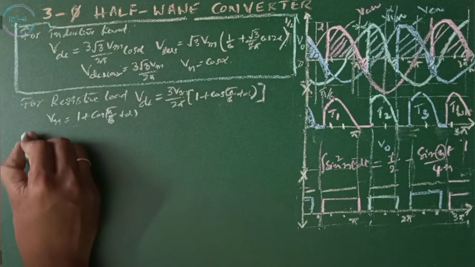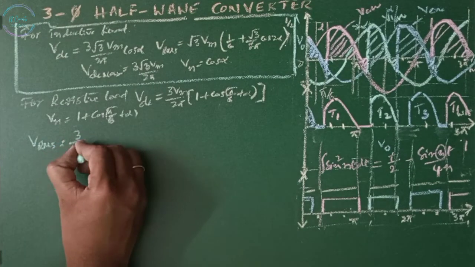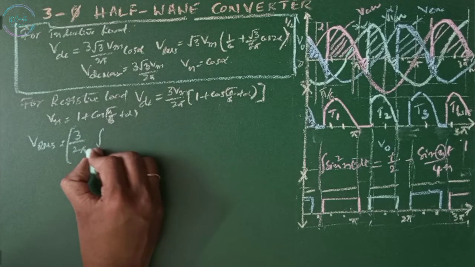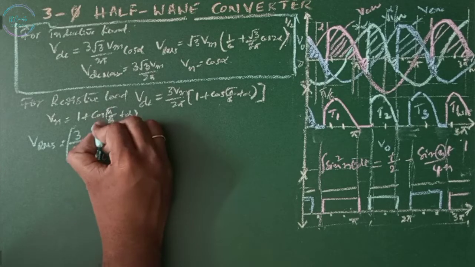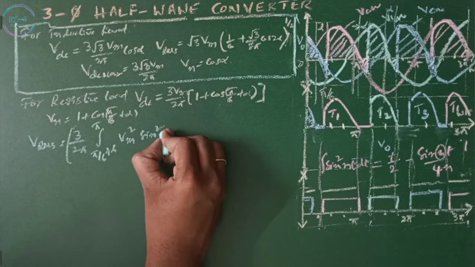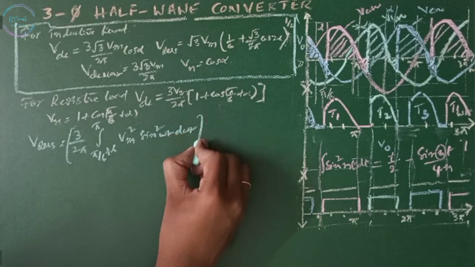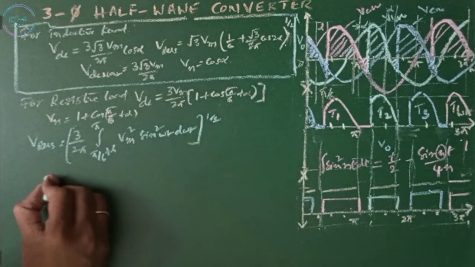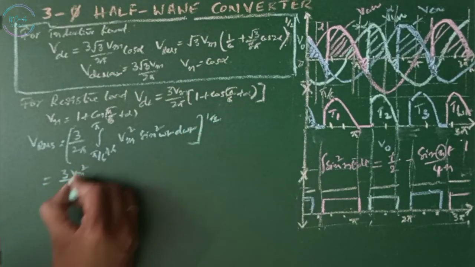Now VRMS is given by the square root of 3 by 2 pi integral from pi by 6 plus alpha to pi of Vm square sine square omega t d omega t. Now 3 Vm square by 2 pi.